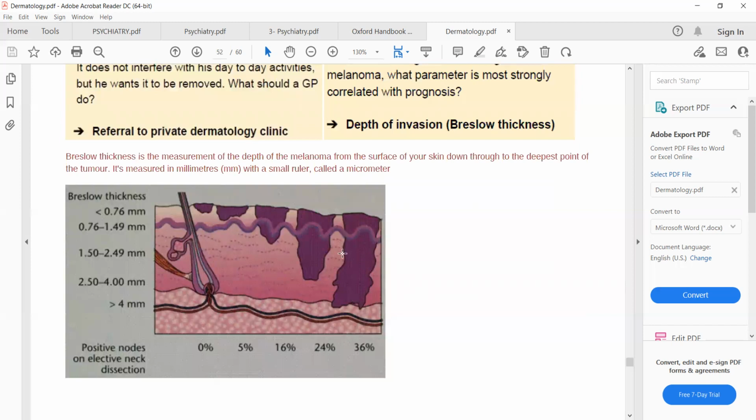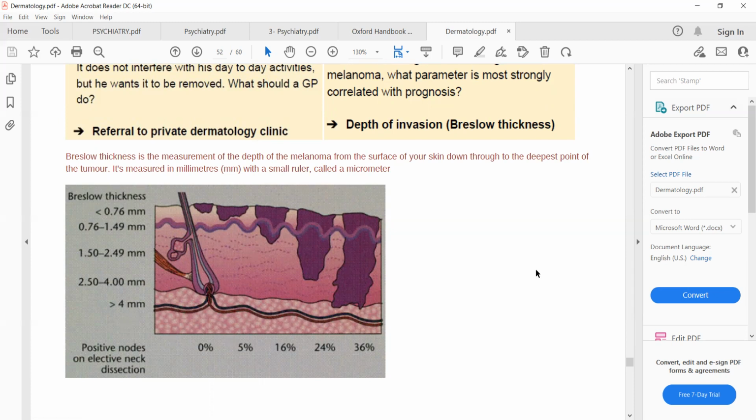So this is depth of invasion or vertical growth, an important prognostic factor. It can be measured in the form of Breslow thickness. So if it is up to this point, then it is 0.76 millimeter. And if it has invaded the whole length of the skin and reached the subcutaneous tissue, then the thickness is almost more than 4 mm.